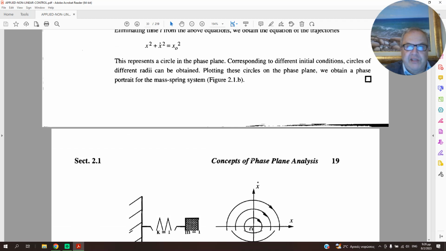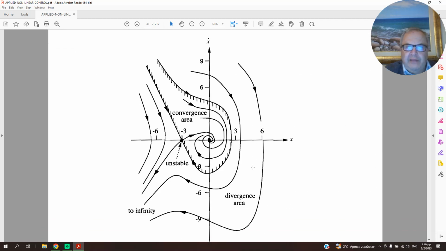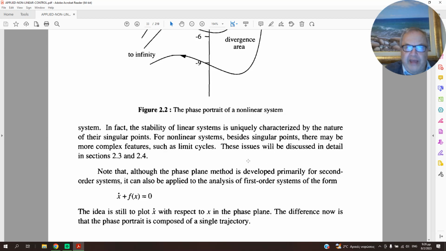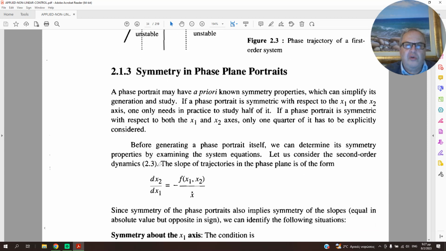If we depict these equilibrium points in our phase portrait, that means a Cartesian product with x and x dot, then you see that you have 3 points. This one at -2, this one at 2, and this one at 0. You can see that this point is unstable, this point is unstable, and this point is stable.